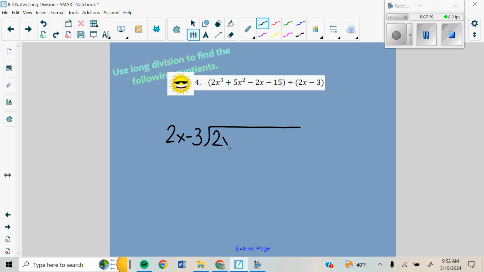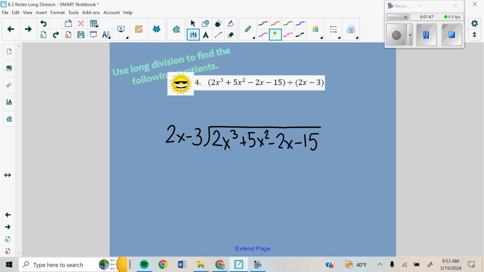And then 2x cubed plus 5x squared minus 2x minus 15 goes inside. Pause and ask yourself right now: we had placeholders before, do we have to put a placeholder in here? No, we don't, because it goes x cubed, x squared, x, and then a constant. So we don't have to have placeholders here, but we do need to keep that in mind as we're going through these problems.